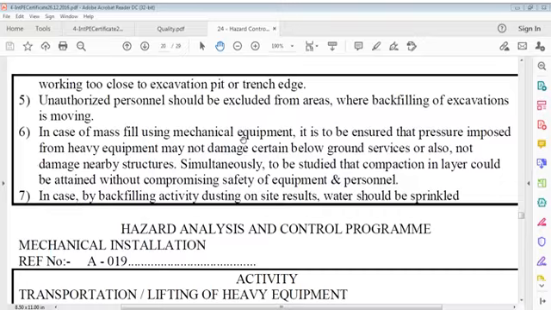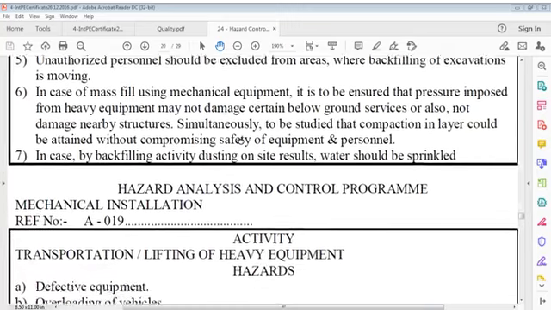Simultaneously, it is to be studied that compaction in layers could be attained without compromising safety of equipment and personnel. In case backfilling activity results in dusting on site, water should be sprinkled for environment control.